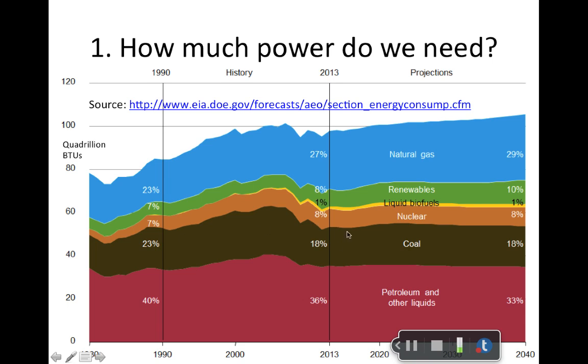We can also see how they project various sources. They project that coal use will remain about the same, but natural gas will increase a little bit, and renewables like solar and wind will also increase a little bit. You can look at just this graph and learn a lot of interesting insights.